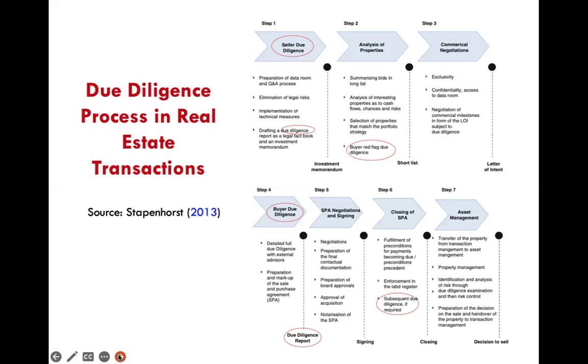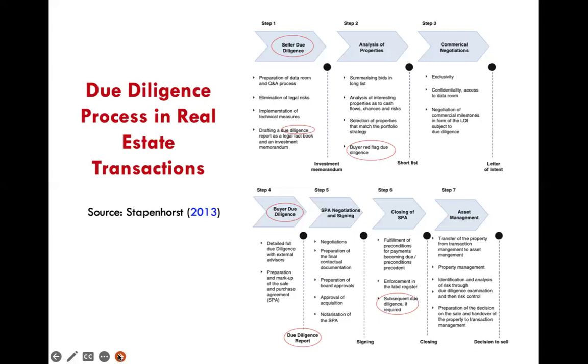Now, in the fourth stage, a detailed buyer due diligence is conducted. And here, the buyer would be given access, usually from a short list of prospective buyers who have expressed interest by way of a letter of intent in the facility, right?